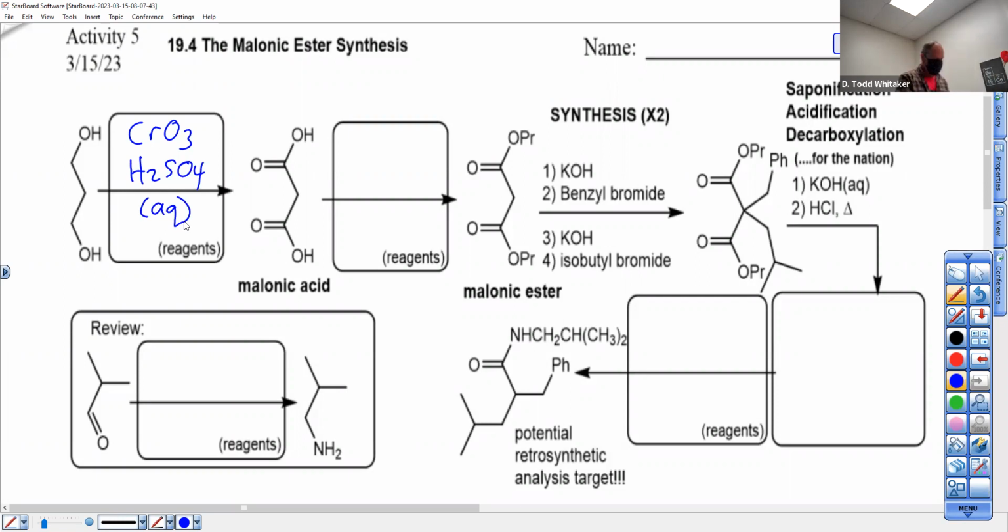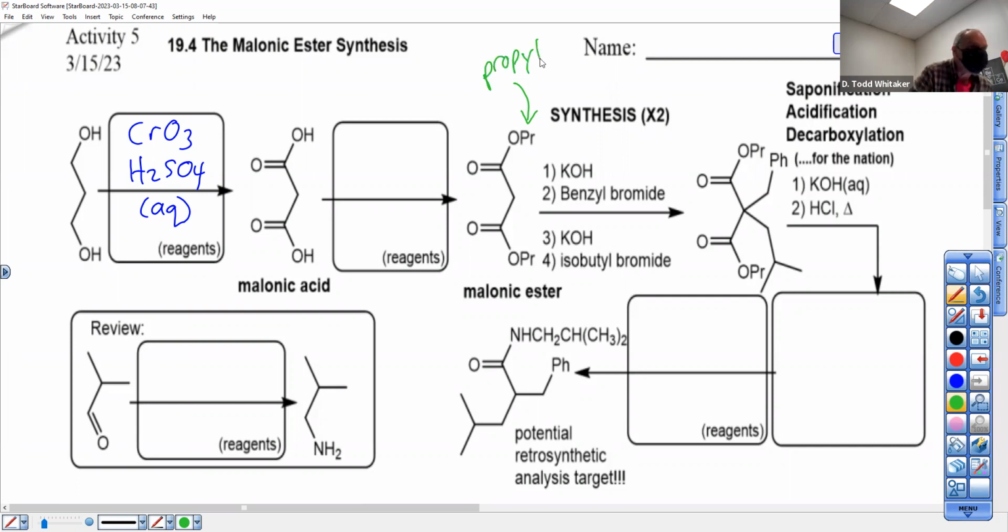How do we make esters? And I really hope nobody in this room thinks that stands for the element praseodymium. Wrong course, people. In organic chemistry, the short form Pr is propyl, right?